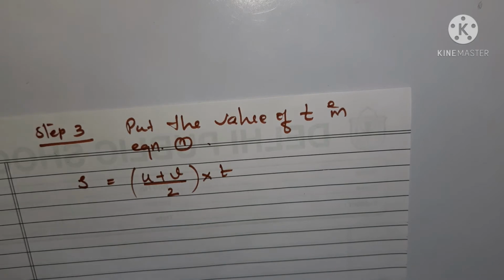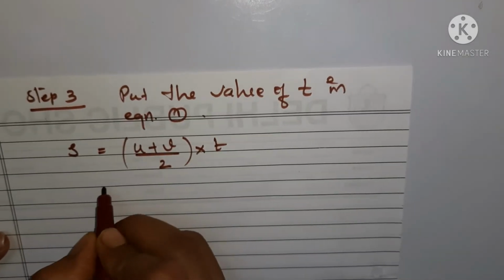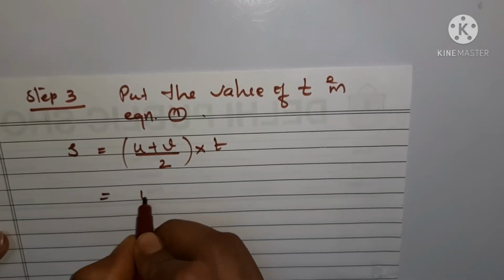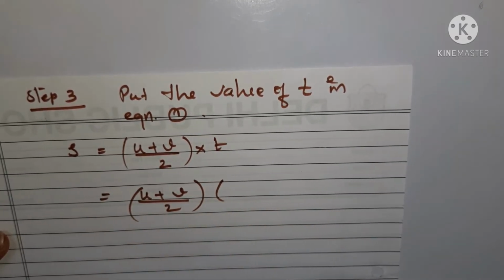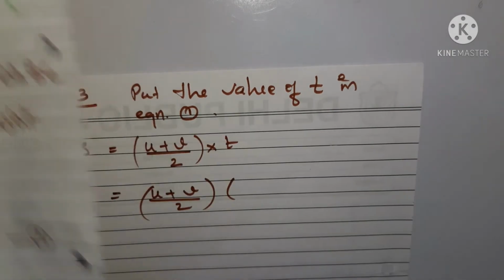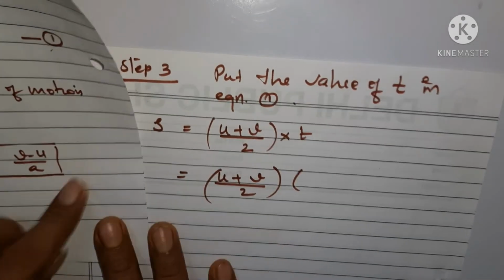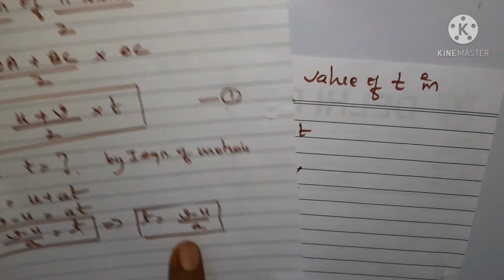Now what is there? Let us write. So S is equal to, again we are going to write U plus V upon 2, and instead of T, what are we going to write? You can see here, instead of T we will write V minus U upon A. T is what?